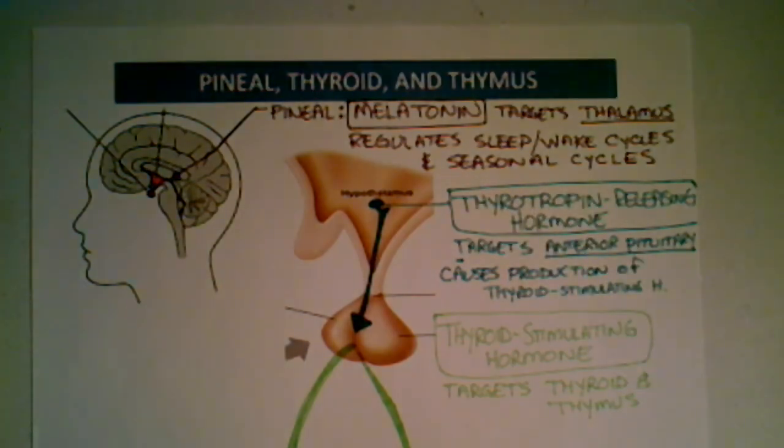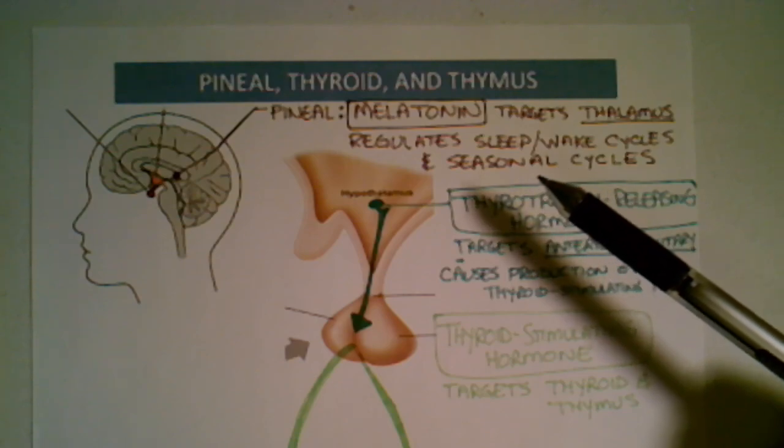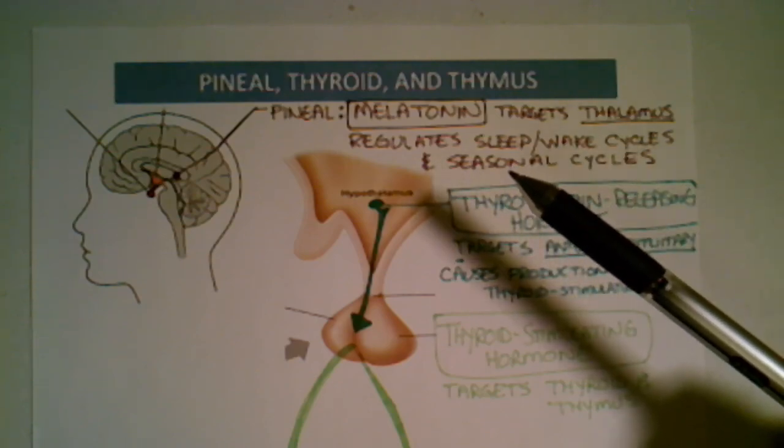So remember, we produce melatonin when we're ready to go to bed. Sunlight is going to inhibit melatonin, and then darkness stimulates the pineal gland to secrete melatonin. So melatonin is produced to have us go to bed at night and be awake during the day.